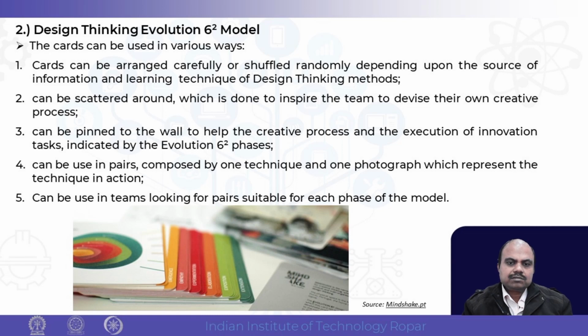These cards can be used in various ways. Cards can be arranged carefully or shuffled randomly. They could be scattered around, pinned, and used in pairs. They can be used in teams looking for chaos. There are various ways you can use these cards.